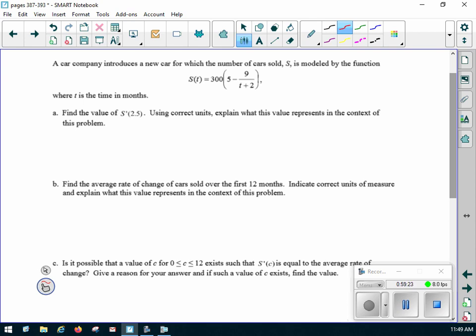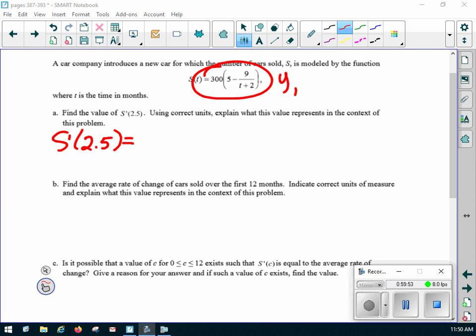We could actually by hand find S prime and evaluate that at 2.5. Could we use our calculator to do it? How? Yep, put this in Y1. And then you want the derivative, which you should have in Y2.